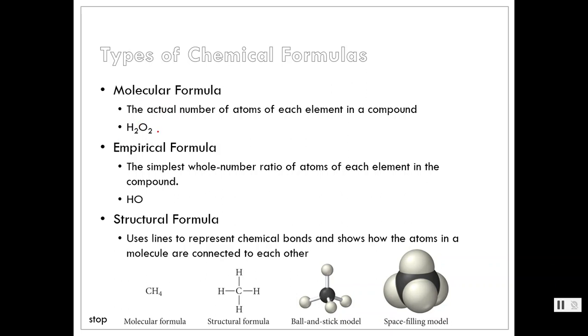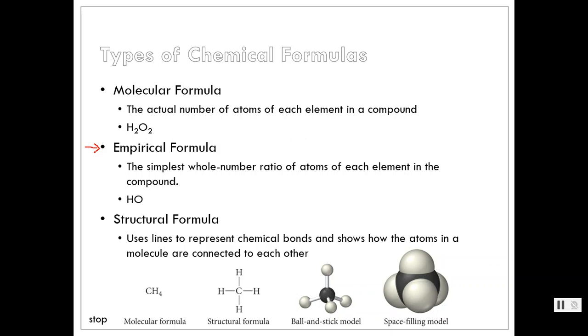Looking at that molecular formula, you can see that if I wanted to further simplify this formula, doing that gives you the empirical formula. Now, empirical formulas can be really helpful to scientists, particularly if scientists are trying to determine the identity of an unknown compound.